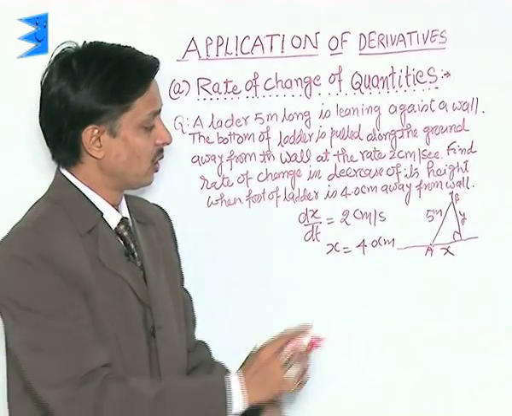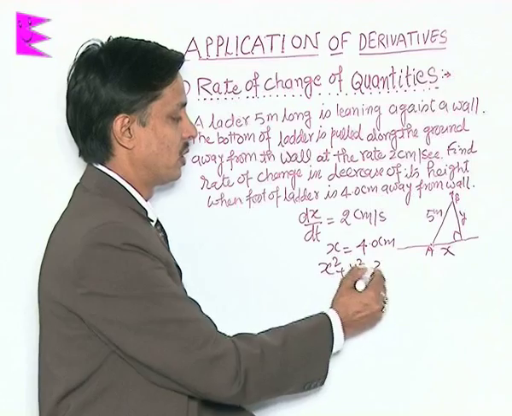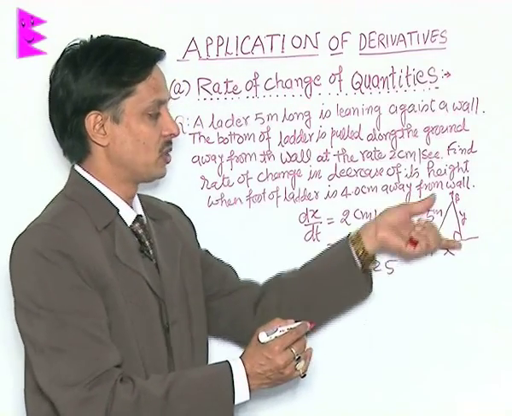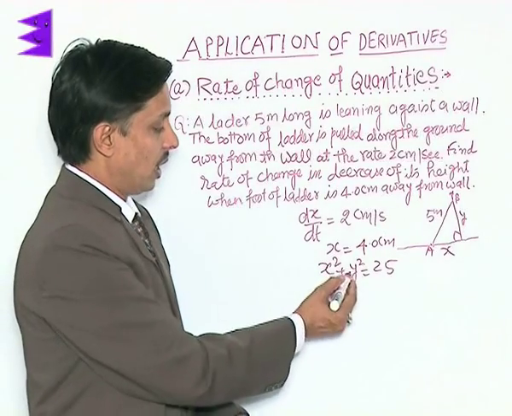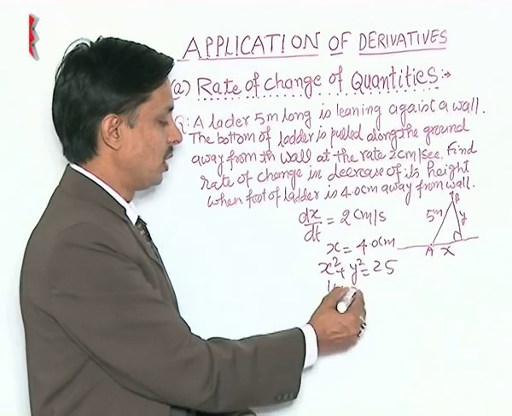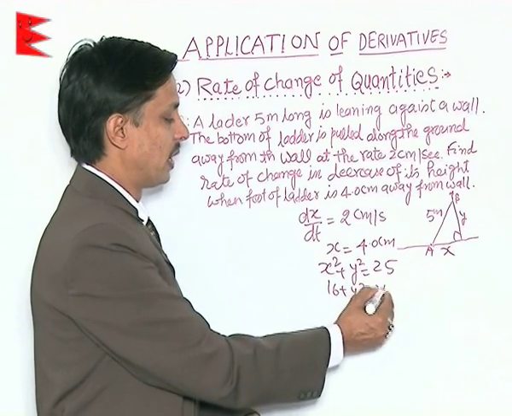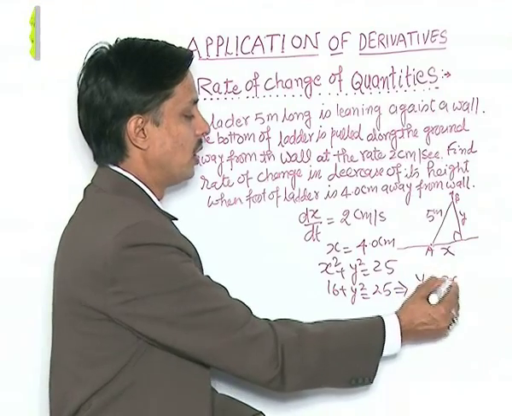As per the Pythagoras theorem, we can say x² + y² = 25. Base square plus perpendicular square is equal to hypotenuse square. Here in place of x, if I put 4, this will be 16 + y² = 25. So, this implies the value of y will be 3.